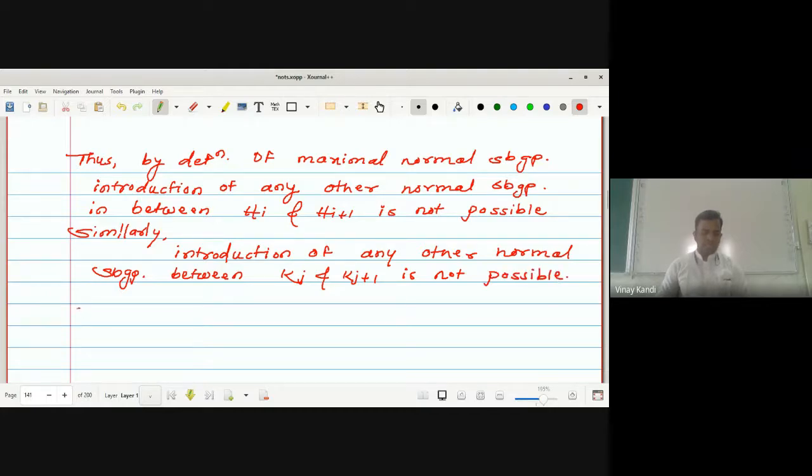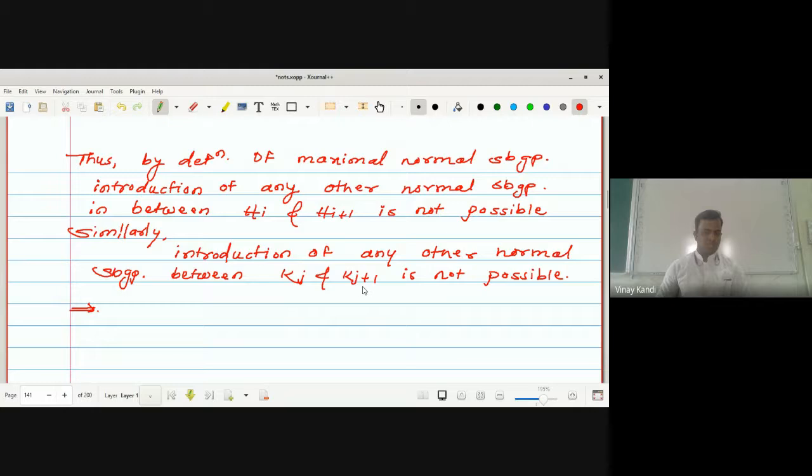Hence, the statement is that in between Hi and Hi plus 1, introduction of any other normal subgroup is not possible. Why? Because Hi is maximal in Hi plus 1 and Kj is maximal in Kj plus 1.